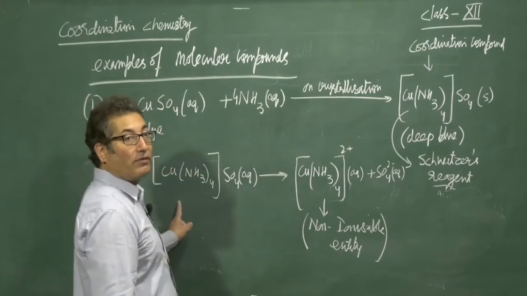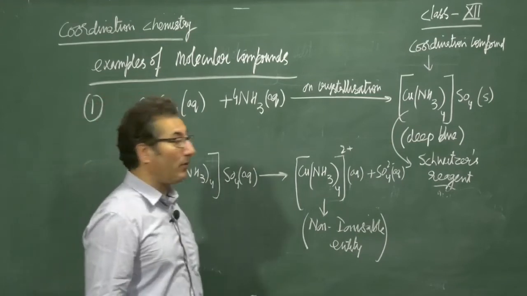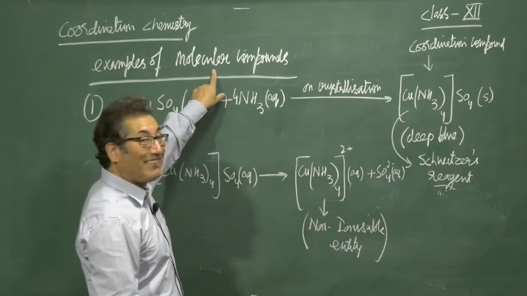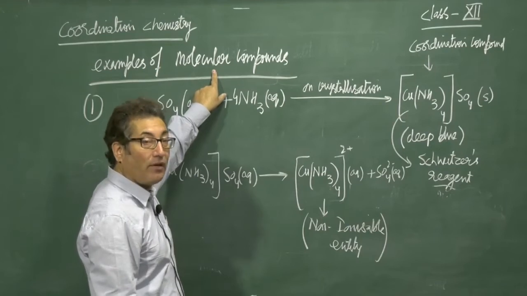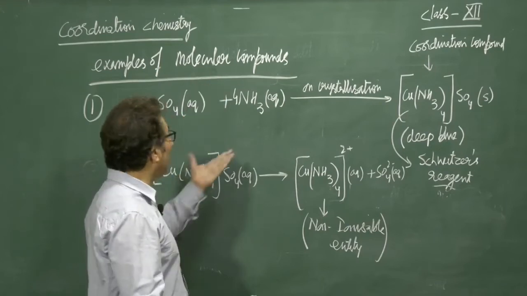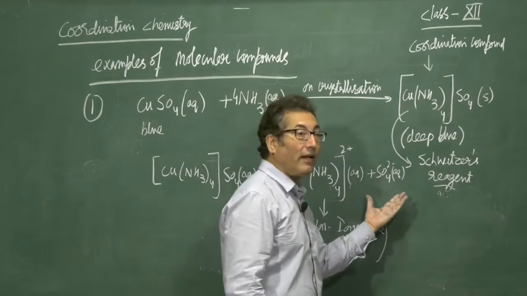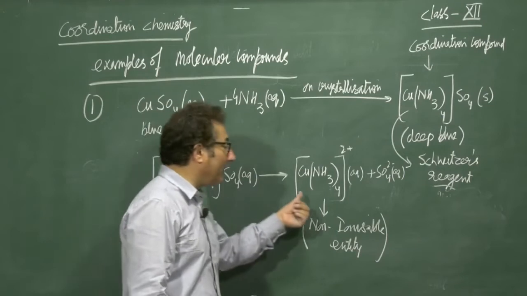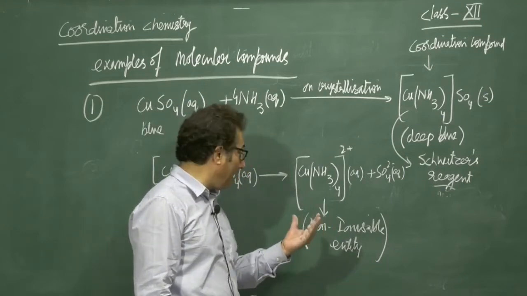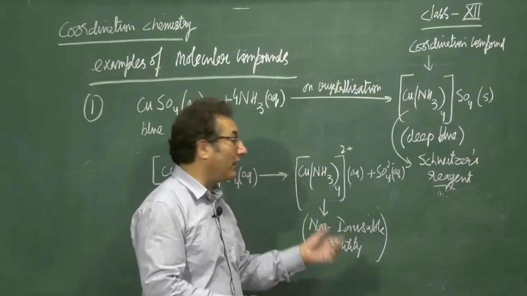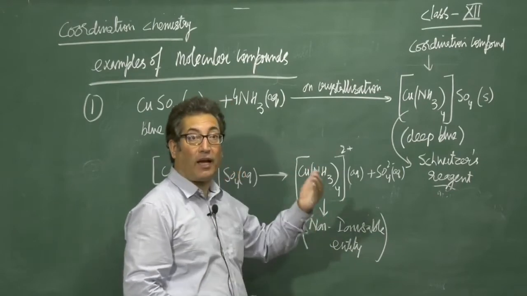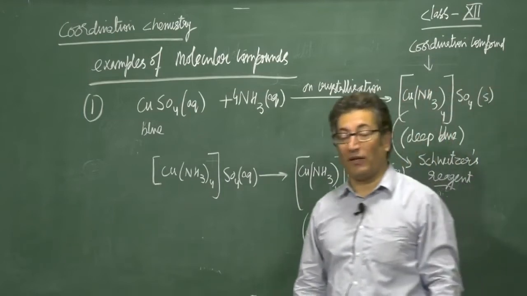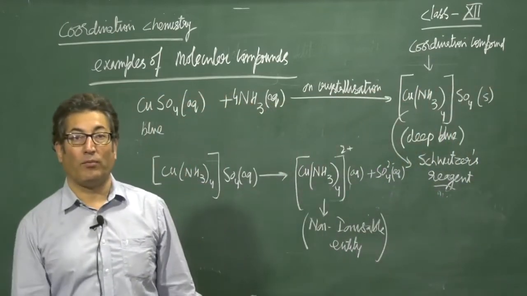This compound is a coordination compound. So what is a coordination compound? A coordination compound is an addition or molecular compound which is stable, which has its own composition and its own set of properties both in the solid state as well as in aqueous solution. Why do they retain their properties in the aqueous solution? Because they contain in part an entity which doesn't break into ions. Since that part exists even in the aqueous solution, coordination compounds are stable both in solid form as well as in solution.